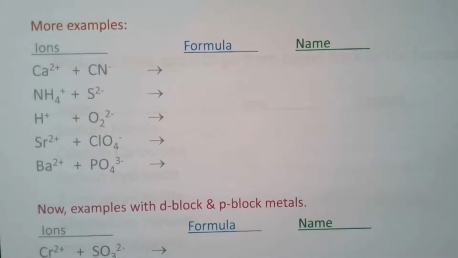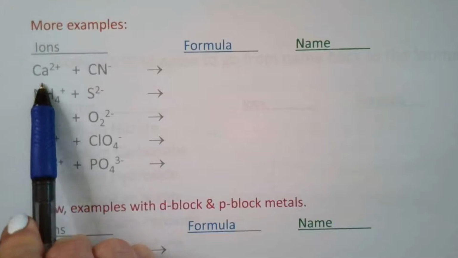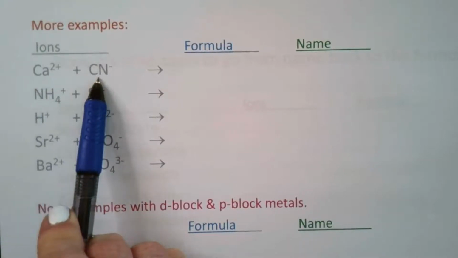Okay, so these are many that have to do with using polyatomic ions that may have some subscripts. So when we crisscross Ca2 plus and CN minus, we want this 2 to crisscross down.